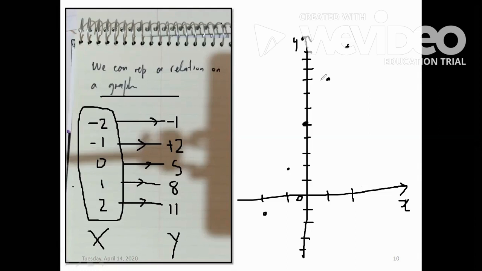So watch carefully. Oops, I missed out that one. Sorry about that. So what you notice, we get a straight line when we represent this relation on a graph, and we get a one-to-one mapping when we represent it as a mapping diagram. All right, let's move on to our next slide.